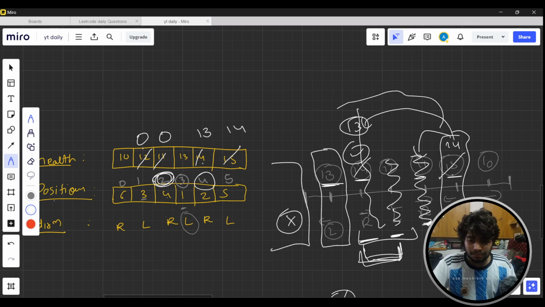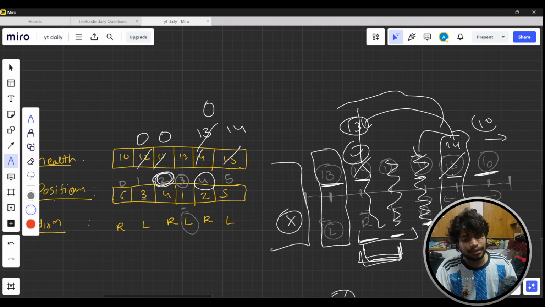Okay, it does make sense. Then I have a robot which is moving in the right direction. It will never collide, because then I have no robot, so it will never collide with another. Okay.